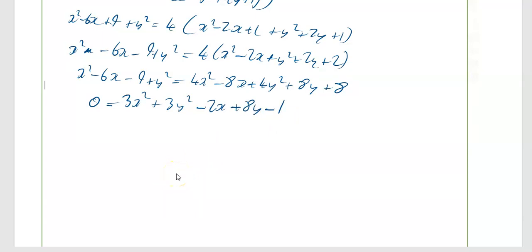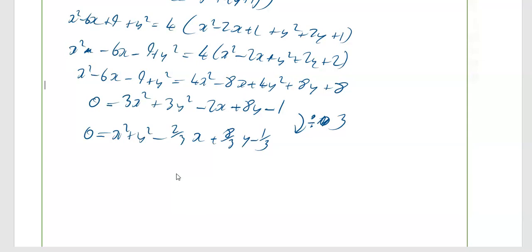Okay, we're almost ready to find out what my center and radius of this thing are, but remember your equation of your circle is x² + y² + and so on, so you've got to divide through by 3 to get it down to that form. So 0 is equal to x² + y² − (2/3)x + (8/3)y − 1/3.